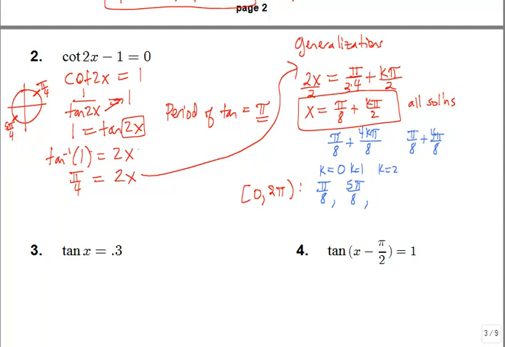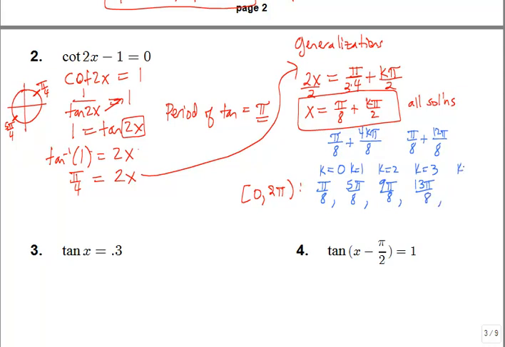Now let's let k be 2. If I let k be 2, then 4 times 2 is 8, so this becomes 8 pi over 8, plus that original pi over 8 makes this 9 pi over 8. If I let k be 3, 4 times 3 is 12, so now we're adding 12 pi over 8 to the original pi over 8, so that gives me 13 pi over 8.